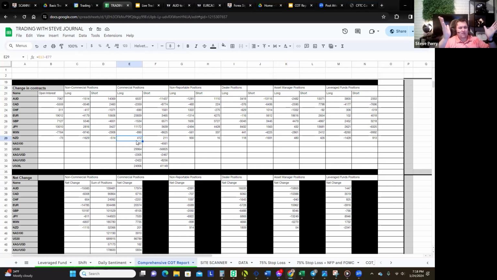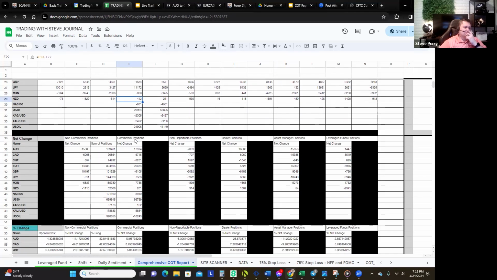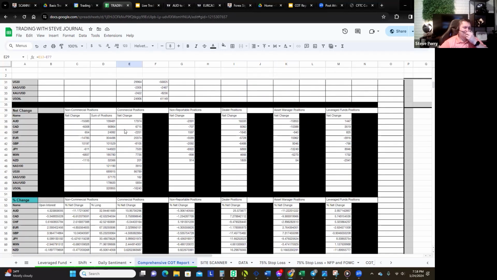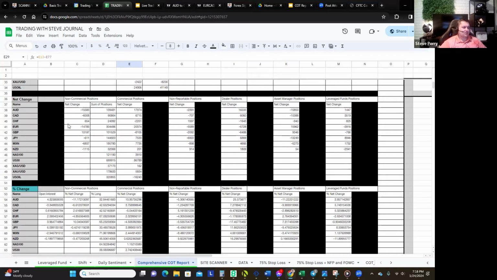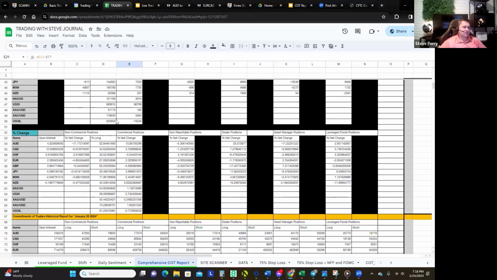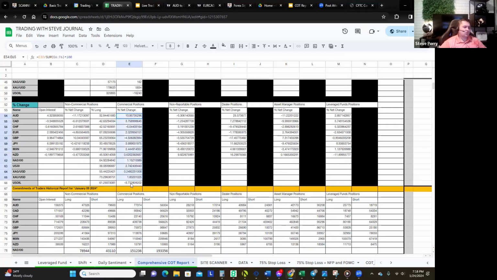So we have to make things proportional, and that's what's really cool about the scanner, or about the data that we look at. This is the end result actually down here. So the end result is a percentage net change proportional to the sum of all positions, and that's exactly what we've done. So the Aussie actually had a really big net change as far as percentages go.